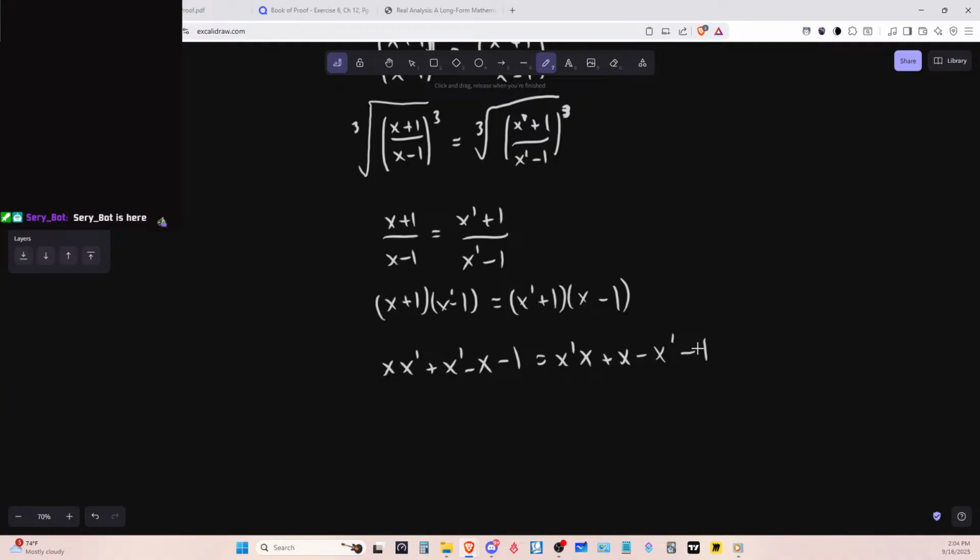Okay, so doing this, we know that these will cancel out. Just want to make a double check here. So that's going to go into that, that's going to go into this.